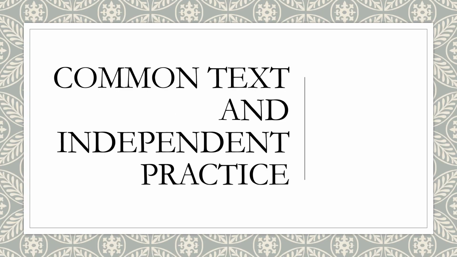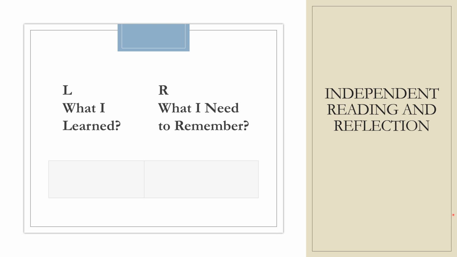So common text and independent practice. Now that you've done your K and your W section, what you're going to do independently, you're going to read the first half of chapter 4 on genetics, and it doesn't matter if you finish it in class today or you bring it home, but what you're going to do is after you finish reading those few sections, you're going to put what you learned from those readings.